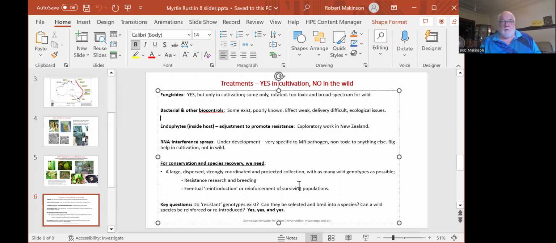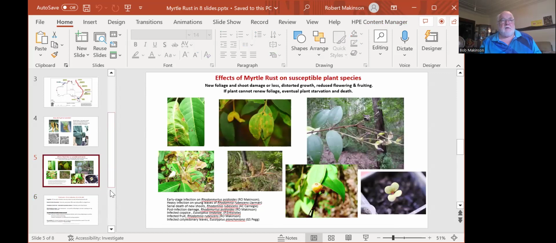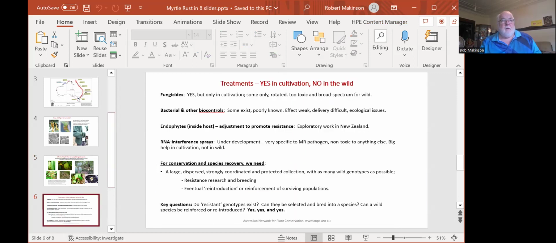The technical obstacles to this strategy are all solvable. The question is investment and will, if you like, as to whether we are going to do it and protect our species.